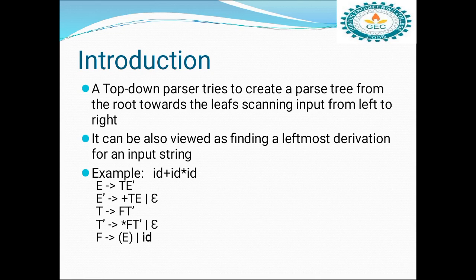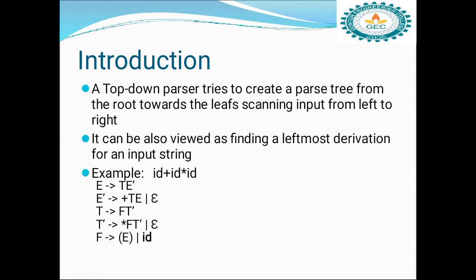Left factoring means alternatives on the right-hand side begin with the same symbols. For example, A tends to alpha beta 1 or alpha beta 2 or alpha beta 3. Here alpha is common.